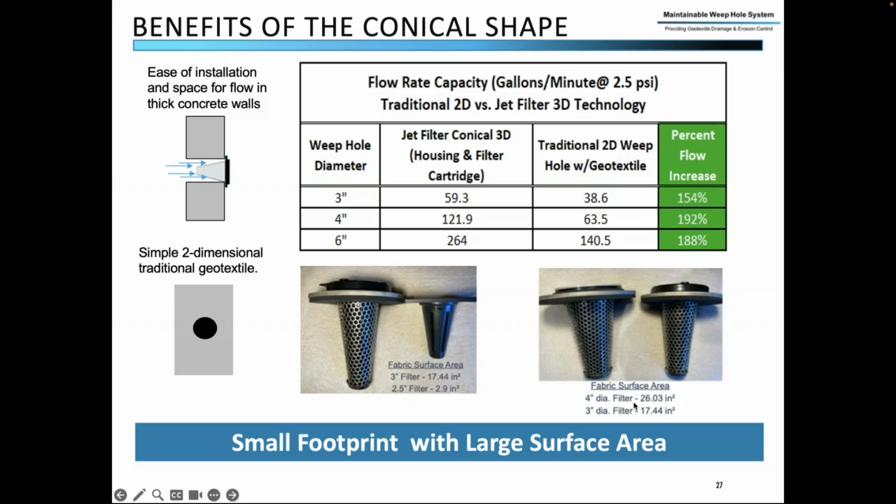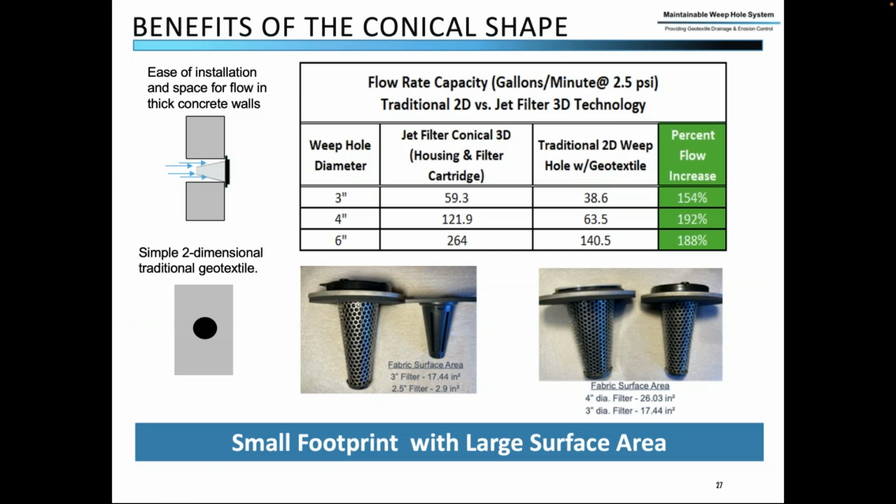So why is that important? Well, the surface area of the geotextile filter fabric and the type of geotextile filter fabric plays a significant role in how fast water can pass out a drainage outlet. So backfill also plays a role. If you have a good permeable backfill, then the geotextile is actually controlling.